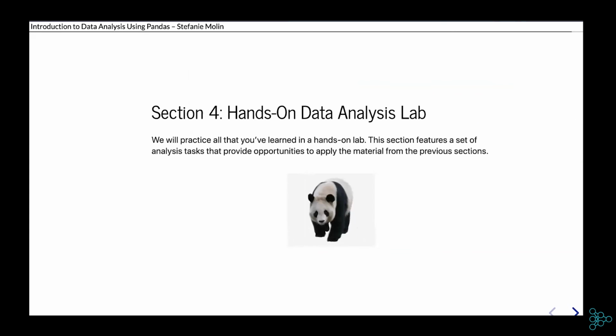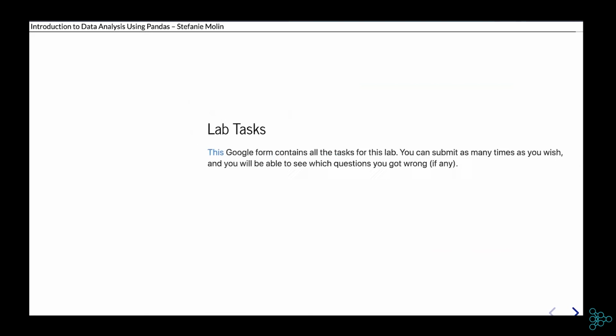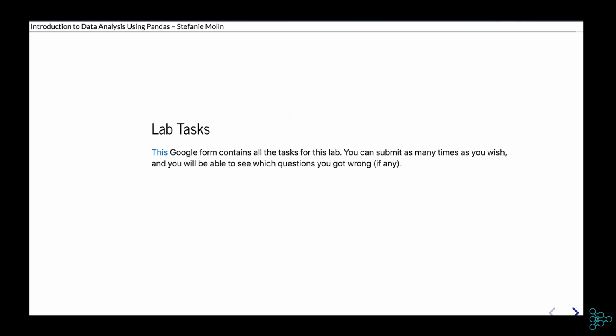All right, and with that, section 3 is done, and we're ready to move on to our lab. So this is an opportunity for you to practice everything we've learned so far. There's going to be a set of questions in that Google form linked there. If you open the 4th notebook, you should have a link to it. I haven't opened up the form yet, but I will when I finish my little spiel here.